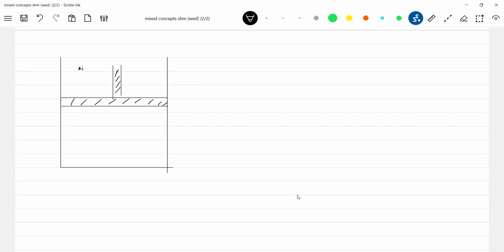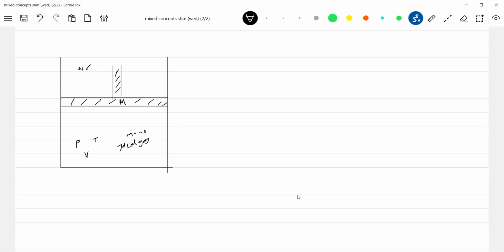So there's an ideal gas. There's a piston of mass m. The initial pressure, let it be P, temperature T, volume V. Monoatomic ideal gas.